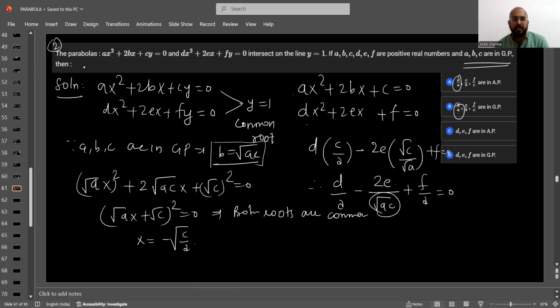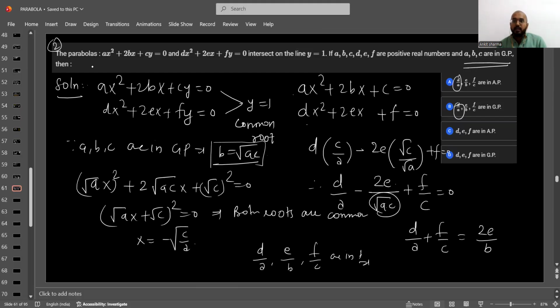Now root AC is nothing but B. So I can write D over A plus F over C, I'm sorry, not A, we have divided by C, is equal to 2E over B. So this implies D over A, E over B, and F over C are in AP.